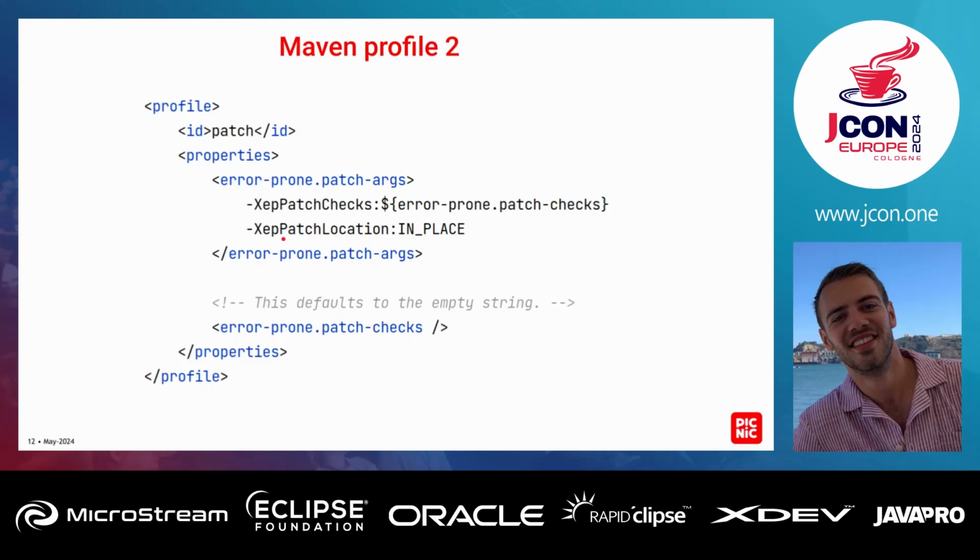Instead of only doing the analysis and saying, hey, here are some problems, we can say, please use patch location in place, which means that if you find a problem, update the actual source file so I don't need to do that. Another option would be to create a patch file, like a git patch file, and then you can inspect that and apply the git patch file yourself.